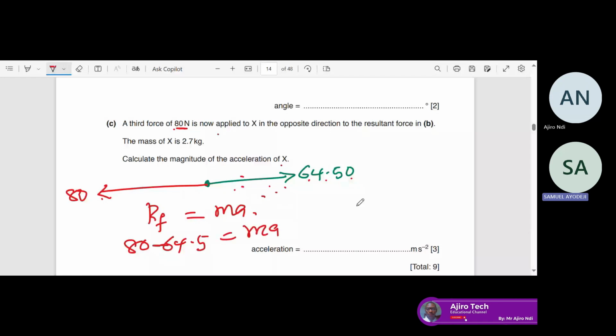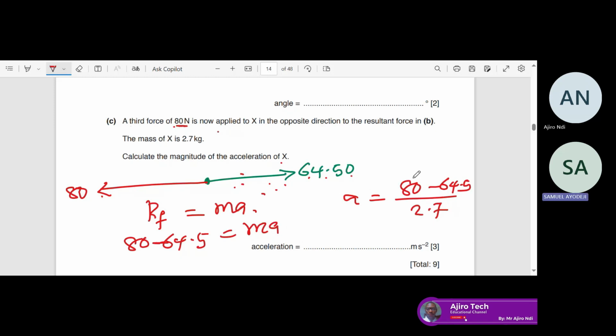So you can calculate A now. A will give you 80 minus 64.5 over M, which is 2.7. That will give you the answer, 5.74. So take notes at your end, 5.74.